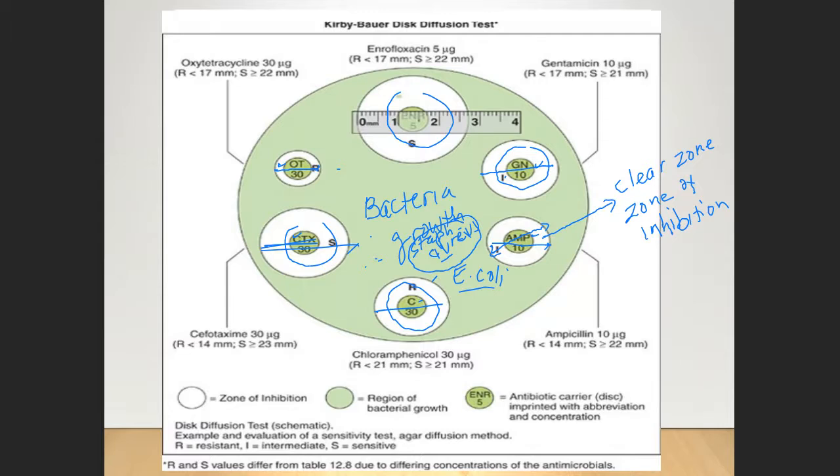So based on this, when the doctor gives the prescription, the doctor will give this one over here because this is the most effective one. The doctor will not give this one, because this is much less effective.